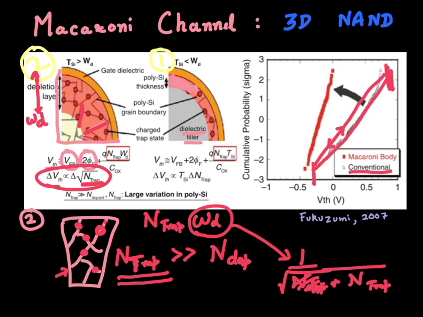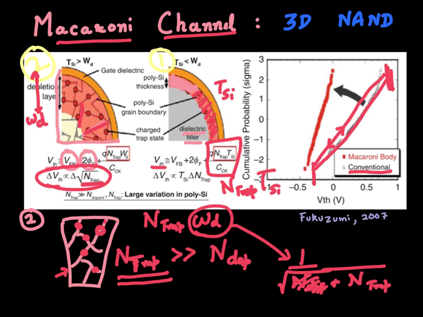On the other hand, if you go with option one, which is the Macaroni channel, you have traps, but they're contained in the small thickness of the channel that I'm depositing. And my threshold voltage again depends upon these trap charges. But now the number of charges is no longer equal to the depletion width, but it's proportional to the number of traps multiplied by the thickness of the silicon.